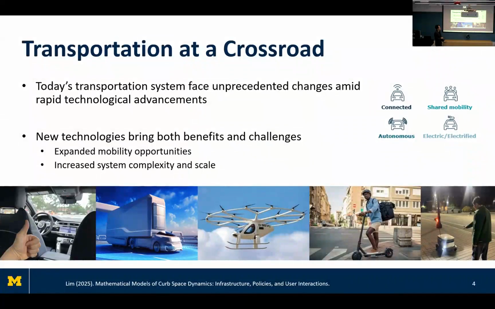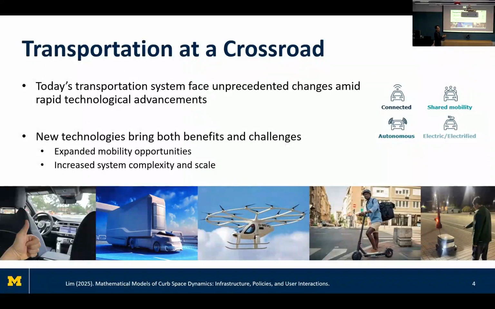We see scooters and also services providing delivery. Basically, these are examples of new modalities and services being introduced with technological advancements. Finally, I hacked into the delivery robot down in Atlanta when I last visited here a few months ago. I was playing around with the robot and trying to hack the system. So these are the expanded opportunities.